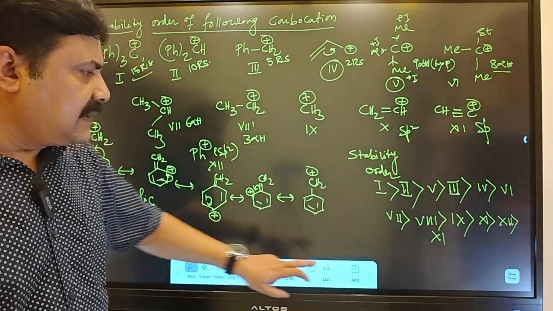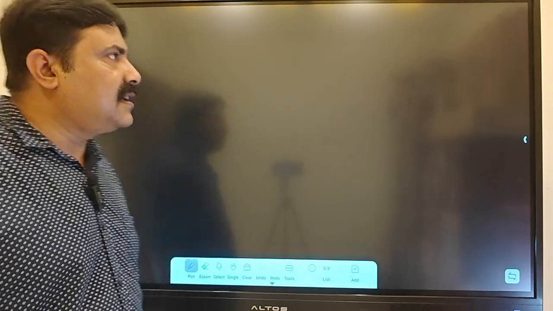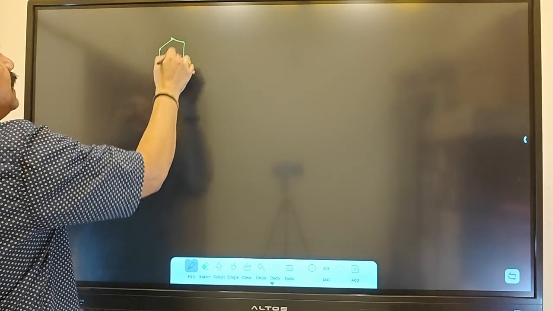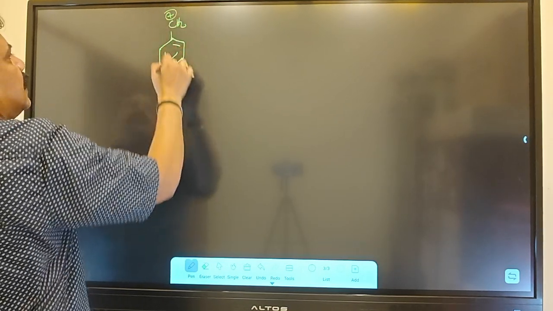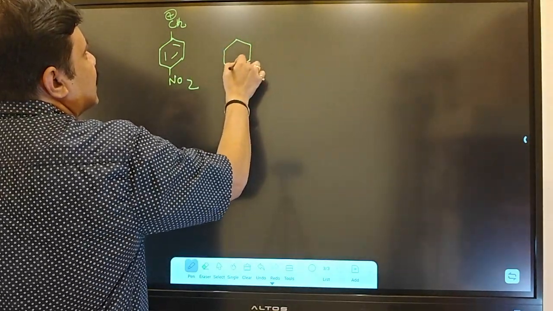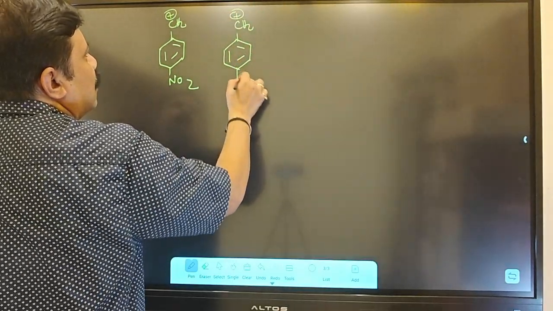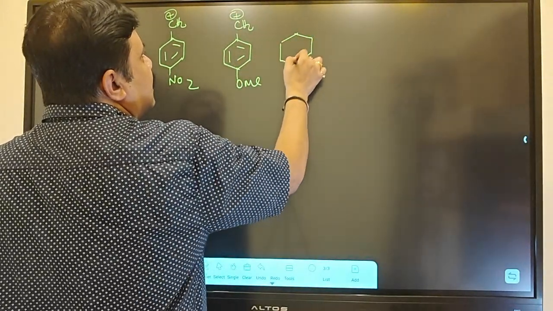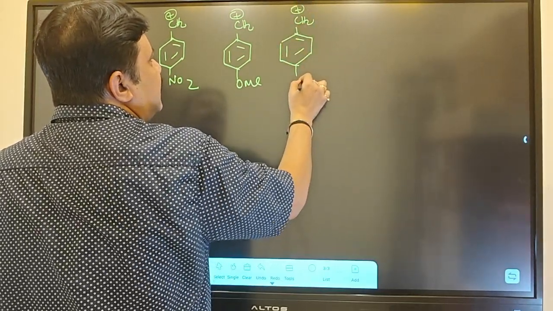So now let us look at another few examples, and then I will stop over there. If I take like this, suppose I have an all-place benzylic carbocation. Now here I am giving a nitro group, and here another all-place benzylic carbocation. Here I am giving an OMe group, and here another CH3.